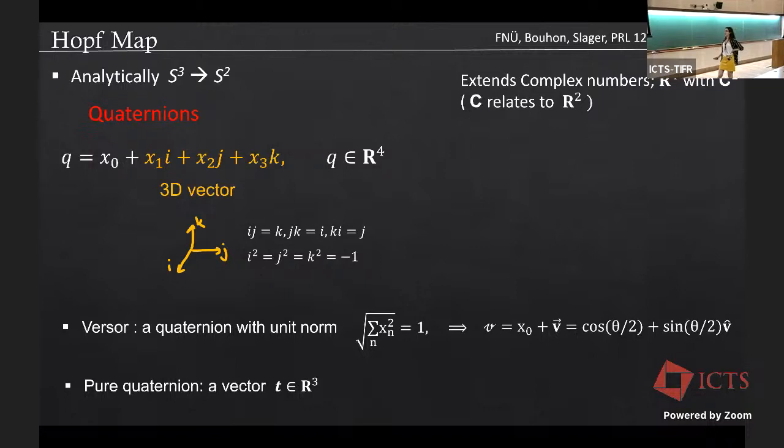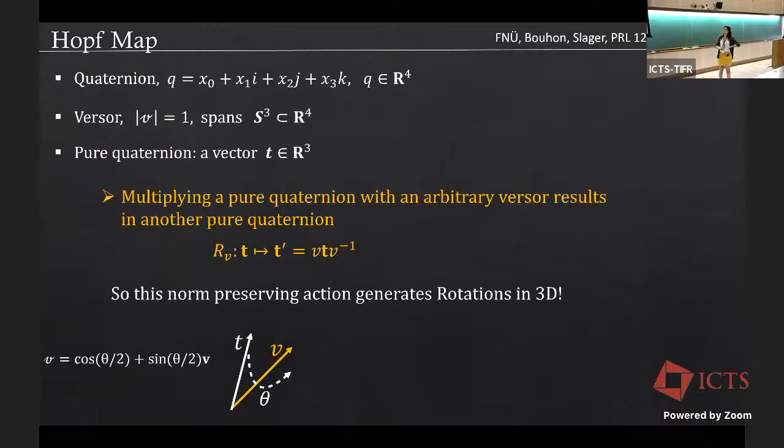And there's also a pure quaternion. It's a vector with no real part, so it's just the imaginary parts. Because versors are normalized, in R4 they must span S3, and a pure quaternion is an element of R3. It just has 3 elements.